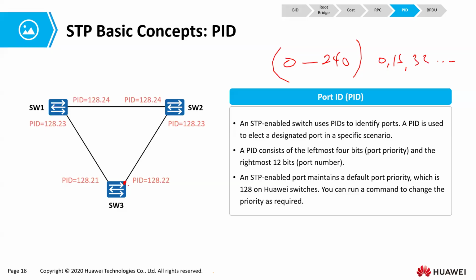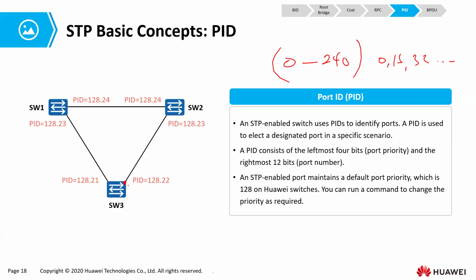You're going to realize with the STP process, we need to elect the root bridge. How do we elect the root bridge? By comparing the bridge ID. We get to a case where the cost can be the same per network. How do we then separate them?